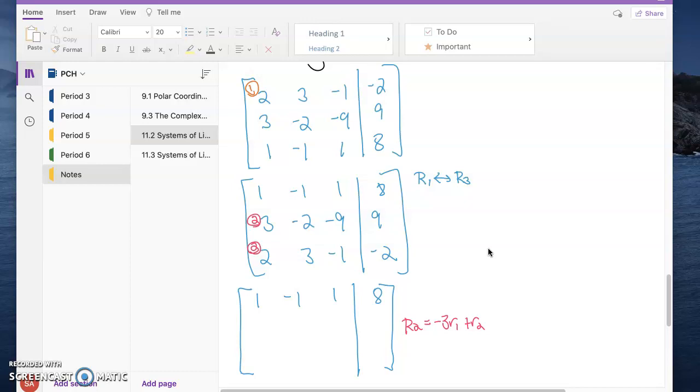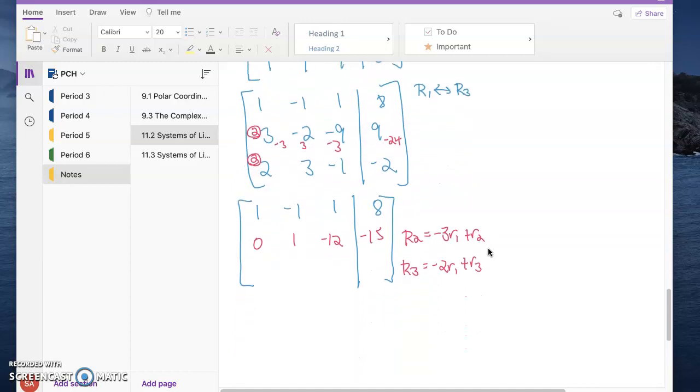That's going to give me a 0 in my first position in row 2. I'm going to have those values, and when I combine them, I get that. And then I'm going to create a new row 3 by multiplying my row 1 by -2 and adding it to the old row 3.